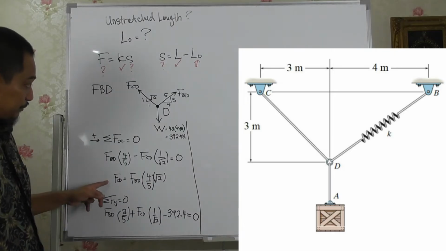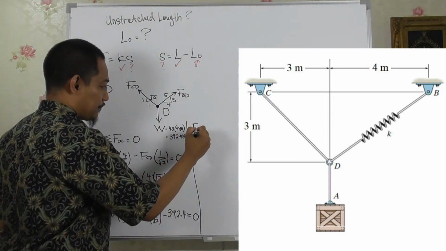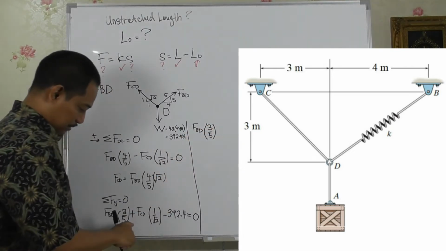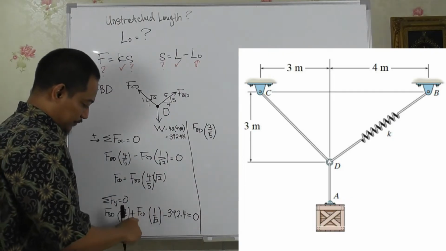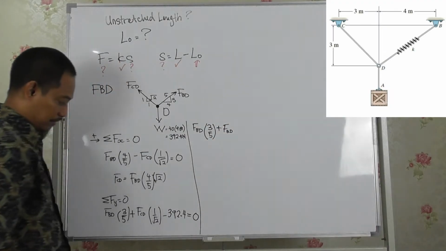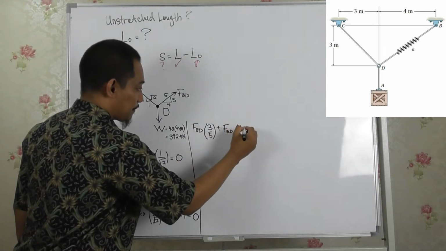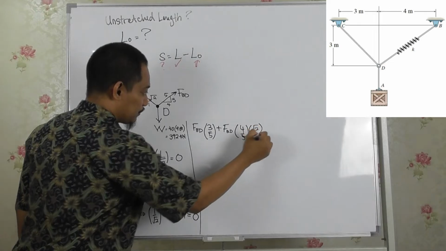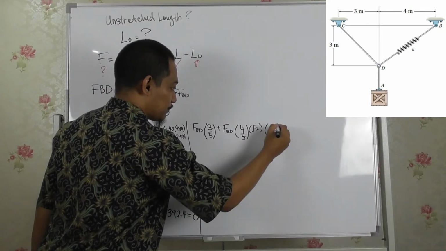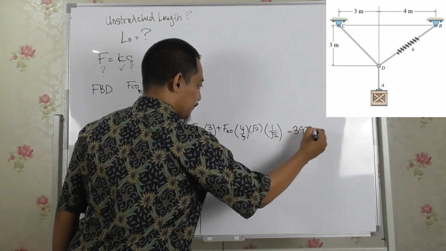So now we will go to the next step. This is plugged in here, so we rewrite this one. FBD 3/5, and then plus FCD, we plug in the whole thing here, so plus FBD 4/5 and then square root of 2. This is the whole FCD here, and then we have this one, 1/square root of 2, and then minus 392.4 equal to 0, right?